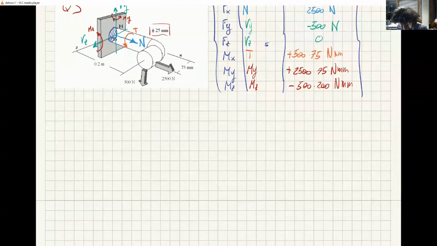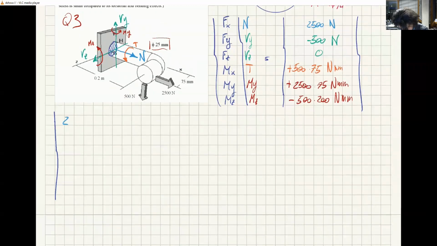These values here are: the first value is 2500. The second value is minus 500. The third value is 0. And the fourth value is 37,500.